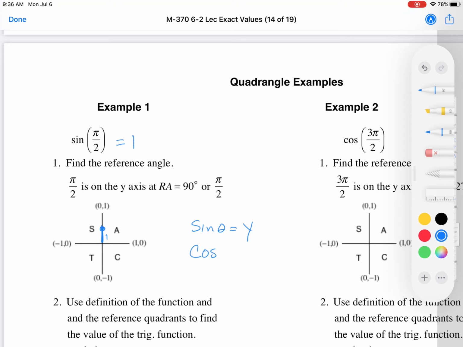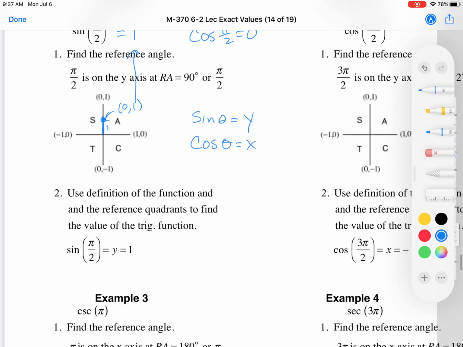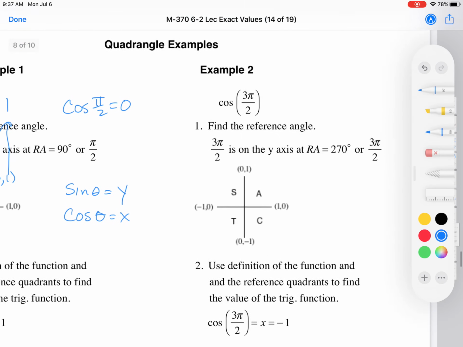Similarly, cosine of theta corresponds to x. So if I had the cosine of pi over 2, I would be considering the x of this point. So this is the point (0, 1). It's 1 high in the y direction. It is 0 over in the x direction. Okay, and so let's see. Use the definition of the function in the reference quadrant. So he says sine of pi over 2 is equal to y, which is 1, and that's it. So that's how he's justifying the 1.